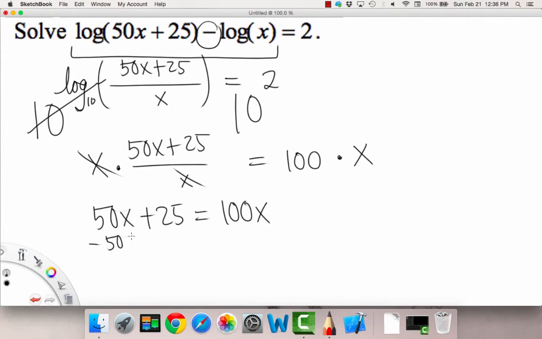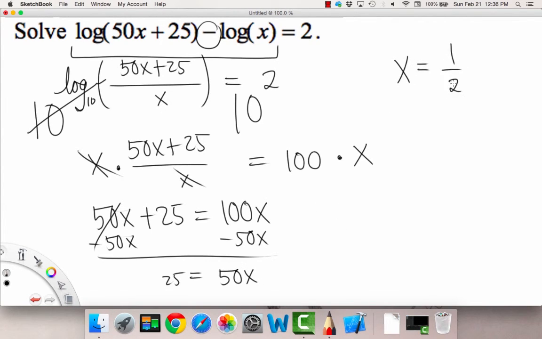If we subtract 50x from both sides, then we get 25 is equal to 50x, and if we divide by 50 on both sides, we simply get x is equal to 1/2. And that is how you solve an equation involving logarithms, using logarithm properties.